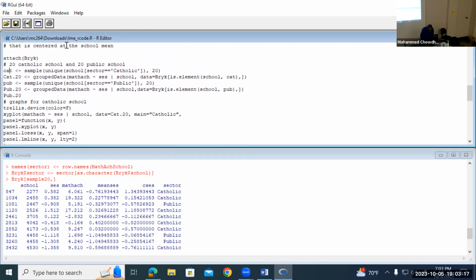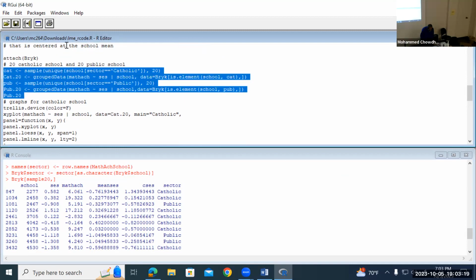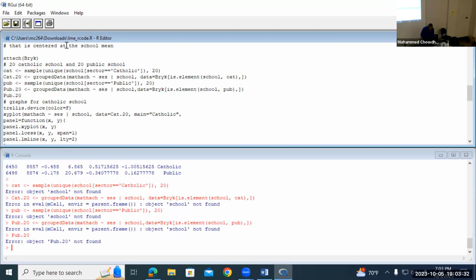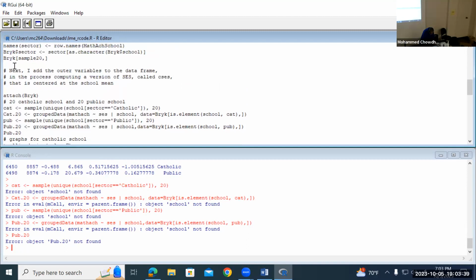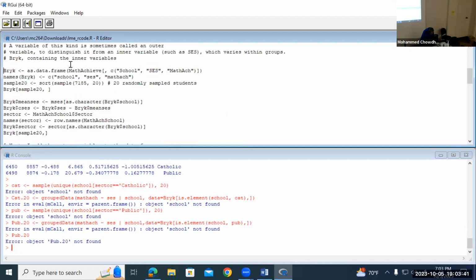Suppose I want to take 20 Catholic schools and 20 public schools and see the behavior of their slope and intercept. How do they perform? Let me see if I did it correctly.